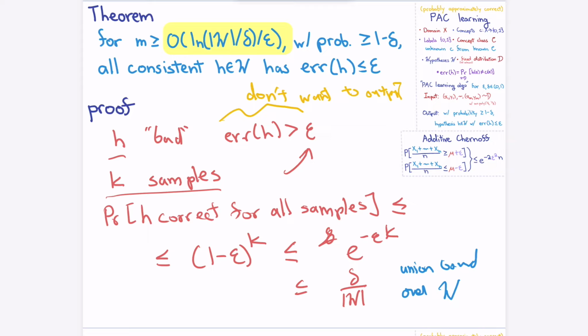So we're saying, let's get all the bad ones with error at least epsilon and make sure we kill them by trying to sample one thing it makes a mistake on. Say epsilon is 10%. So I don't want to output anything that gets more than 10% wrong. But if I draw 10 points, then something that gets 10% wrong should expect to get one wrong. If I start drawing more, the odds go up.